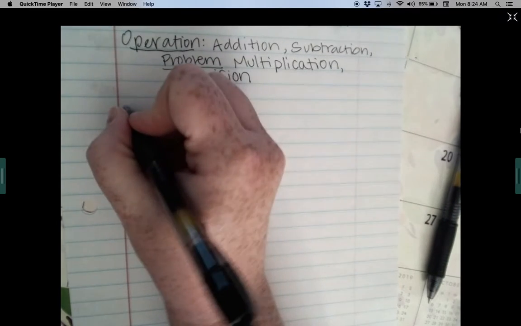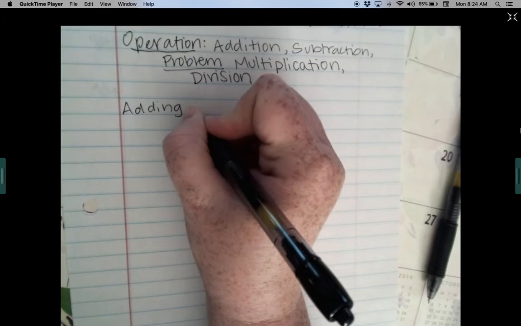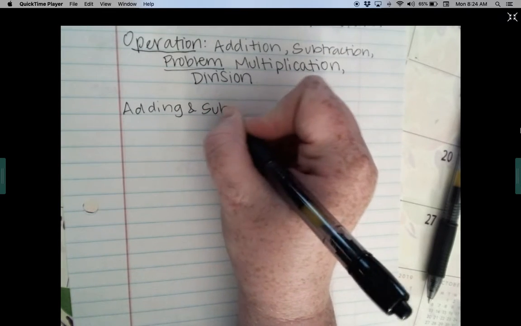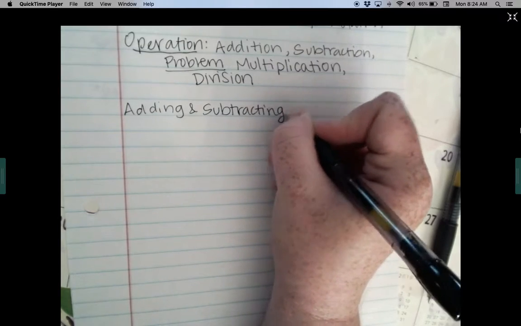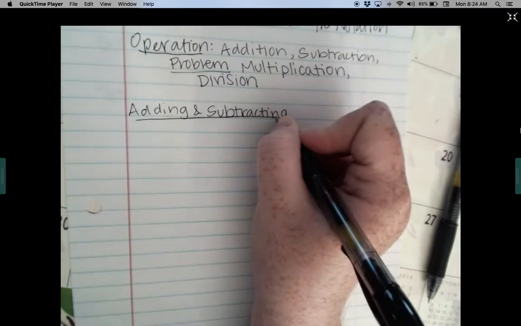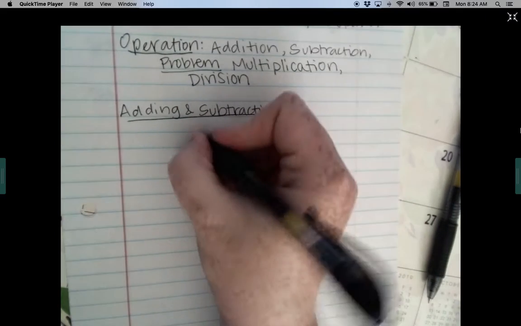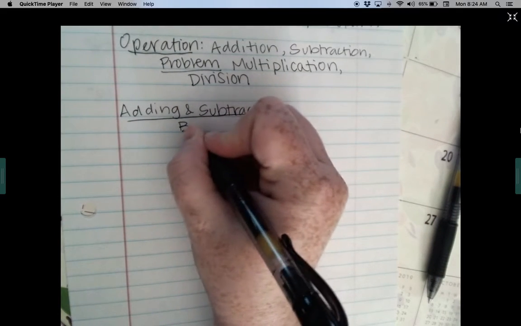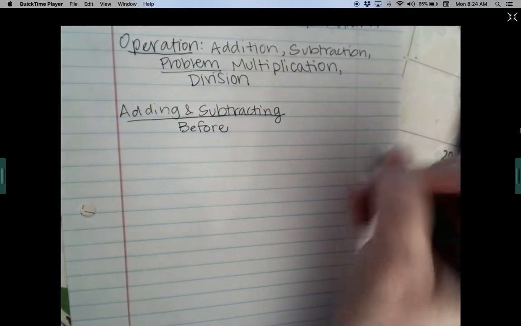Okay, so when we are adding and subtracting scientific notation, we're going to follow some certain rules. So before, I want you to make sure that you're writing what I'm writing, because I'm going to write the steps and then we're going to do the steps.